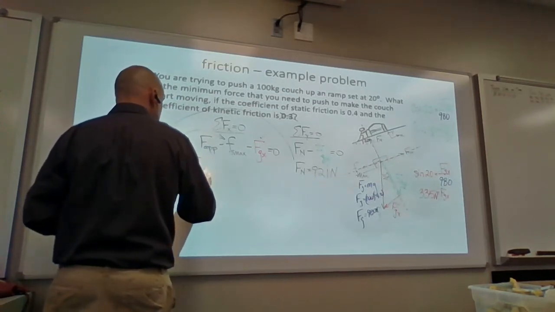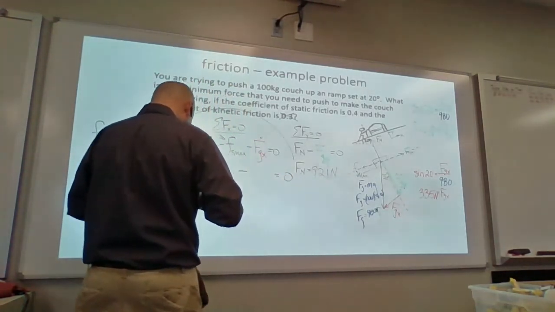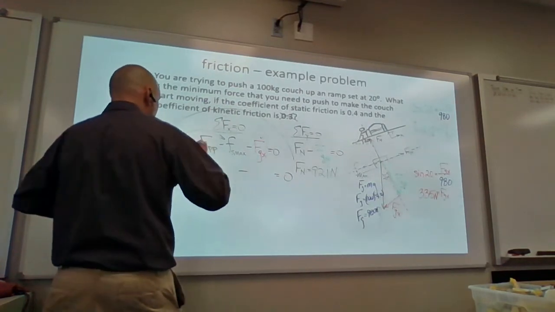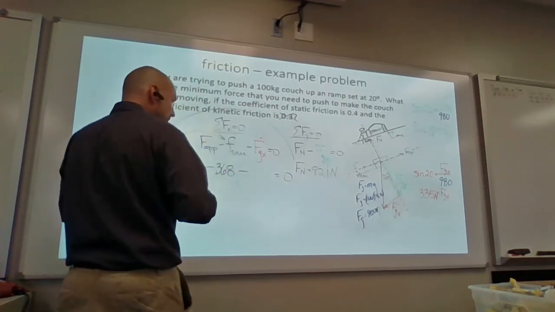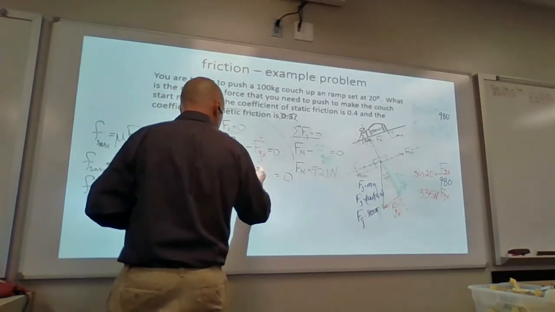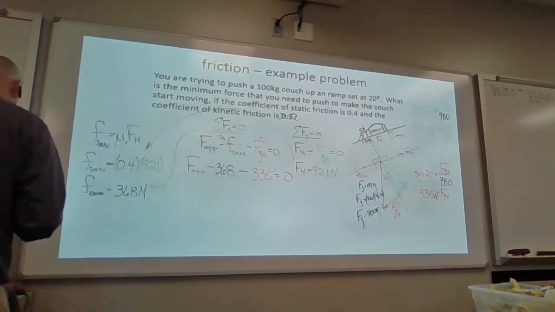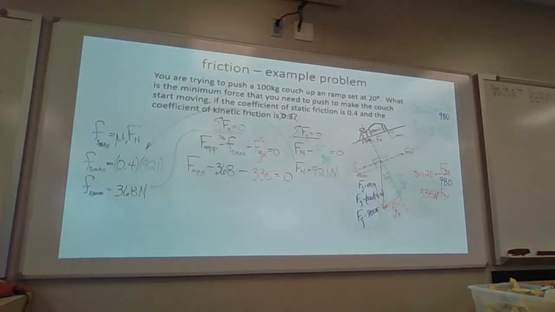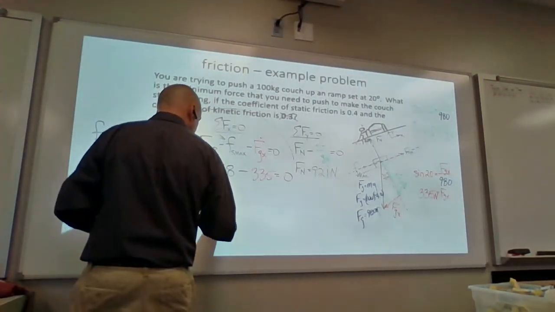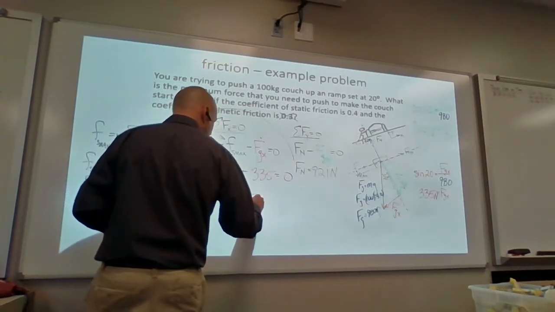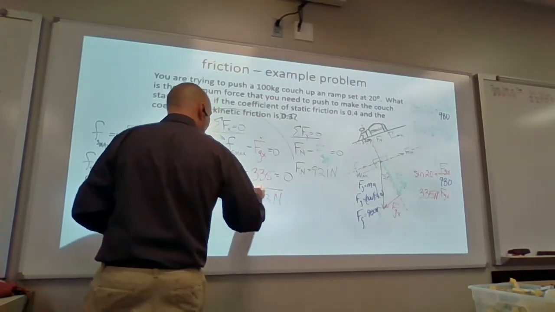So I've got applied force minus 335 equals 368, so applied force is equal to 703, right? Boom.